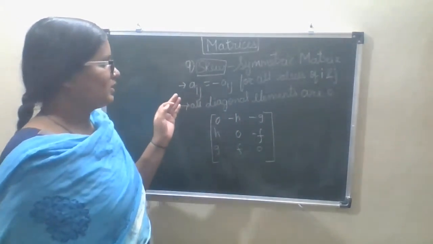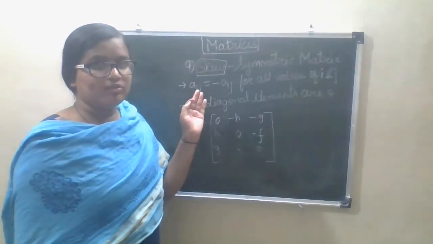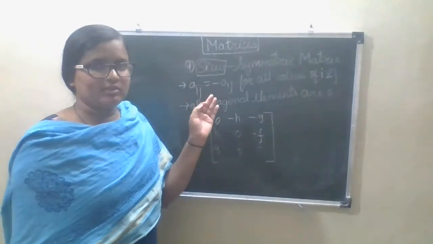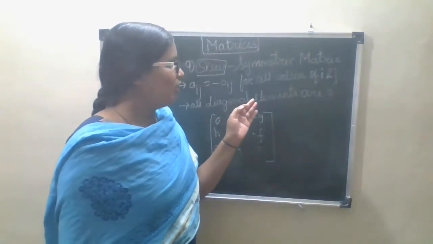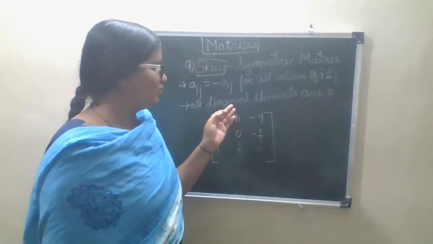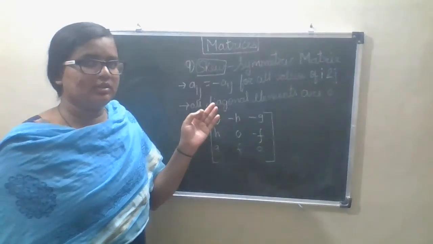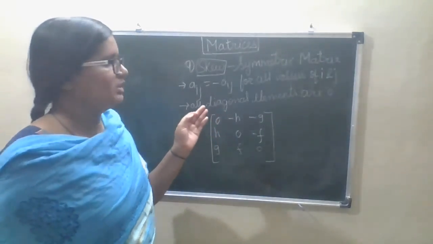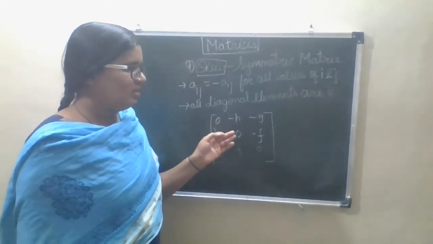It is a matrix for which a of ij is equal to minus a of ji for all values of i and j, and all the diagonal elements are 0.